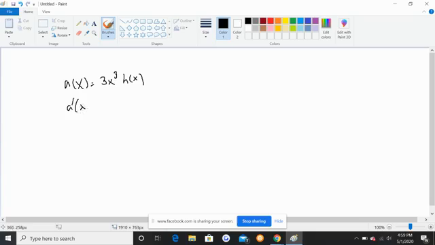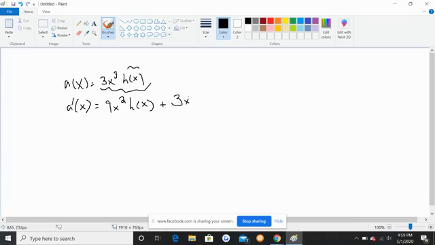So, we want to find a prime of x. First, we want to find an equation, right? And we know we're going to use the product rule here because we have two expressions multiplied by one another. So first, using the product rule, we'll take the derivative of 3x to the third, which is going to be 9x squared, and now this will be our constant here, times h of x, plus, now we use 3x to the third as our constant.